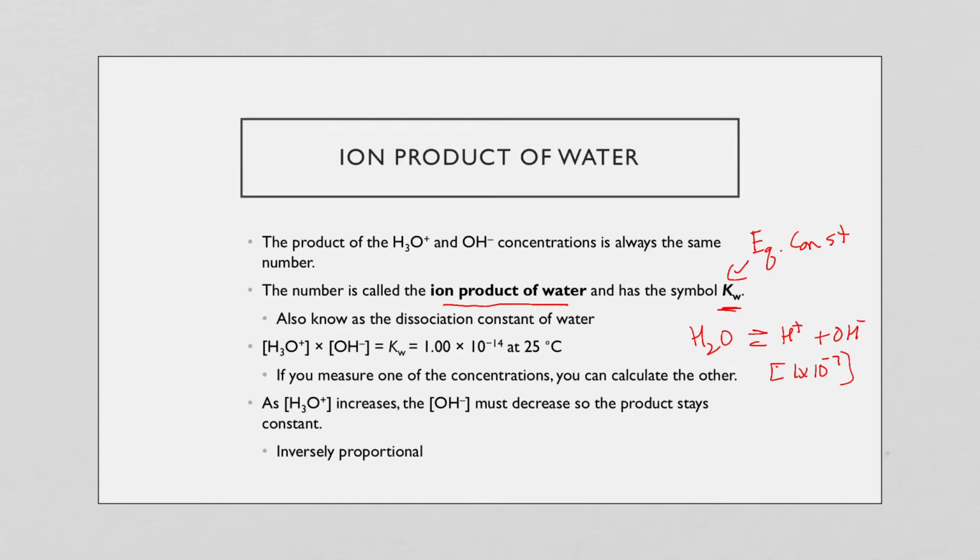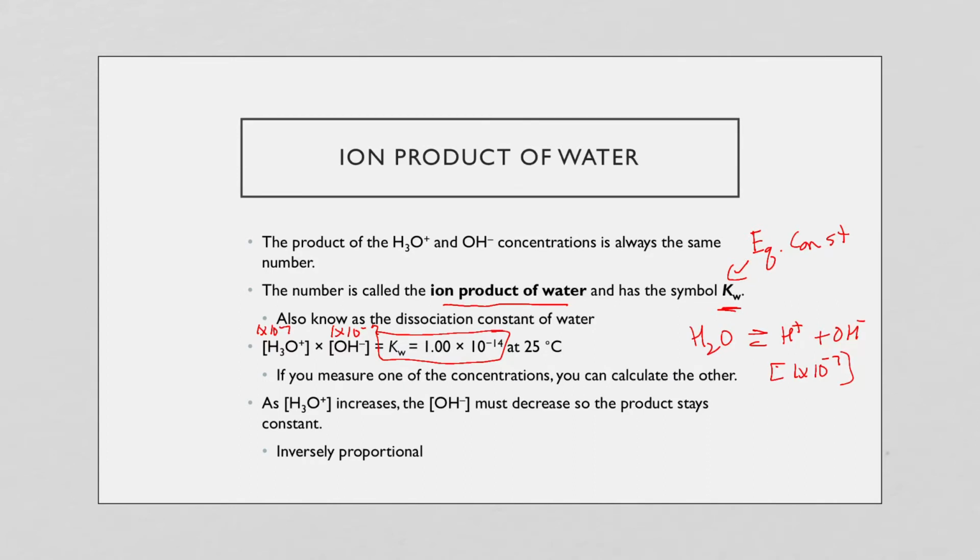So if I put each of these in as 1 times 10 to the minus 7, then that means the Kw equals 1 times 10 to the minus 14th. So the ion product of water is always 1 times 10 to the minus 14th.